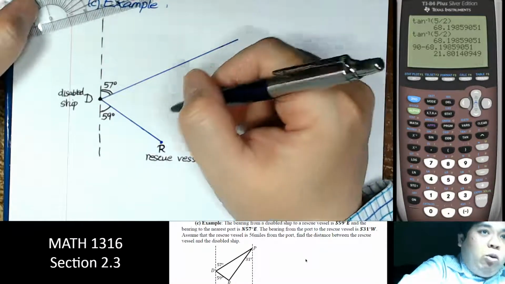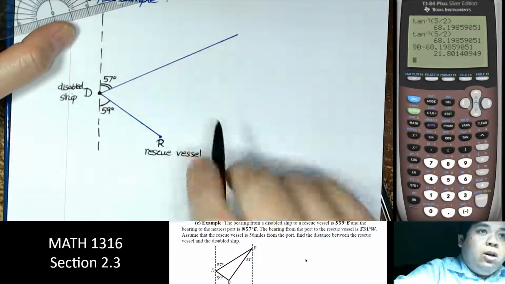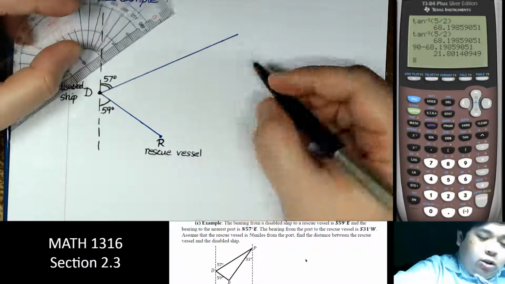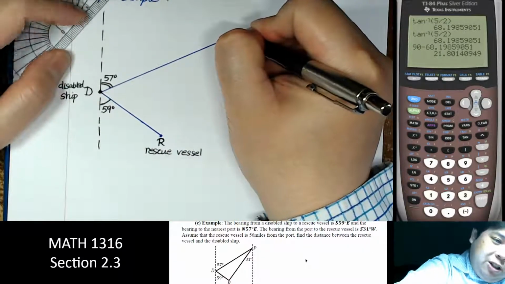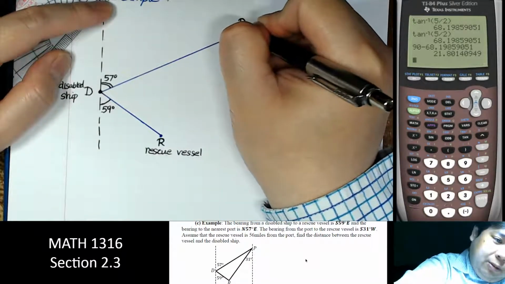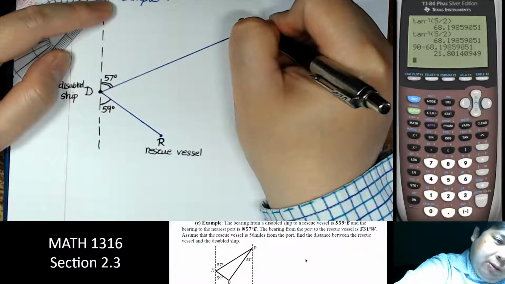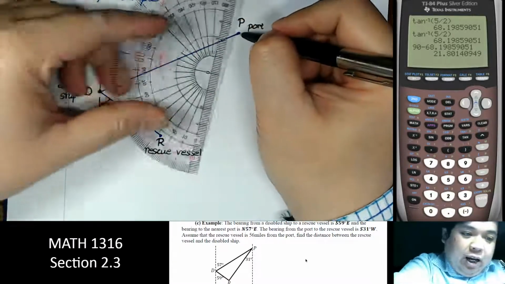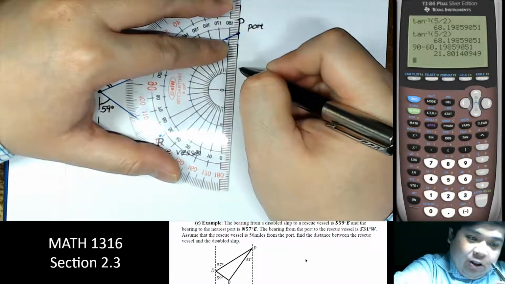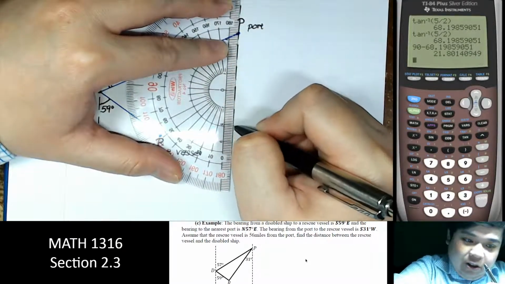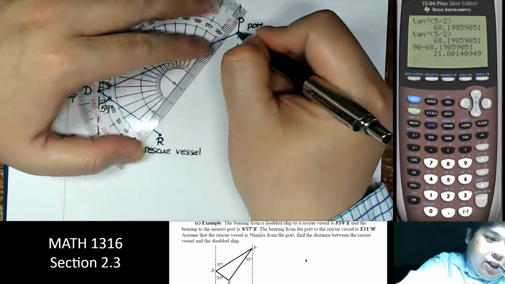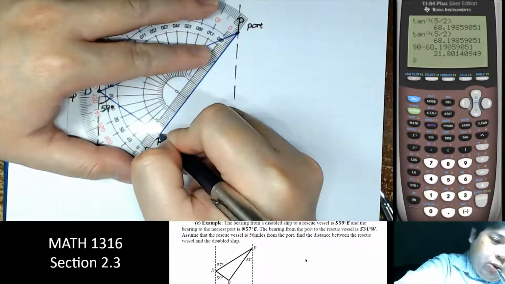And the bearing from the port, so this is the port, and the bearing from there to the rescue vessel is south 31 degrees west.